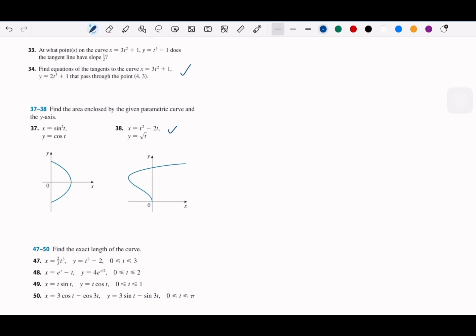So for 34, we start by finding the slope. Let's write x is 3t squared plus 1, so dx dt is 6t, and y is 2t cubed plus 1, so dy dt is 6t squared, right?